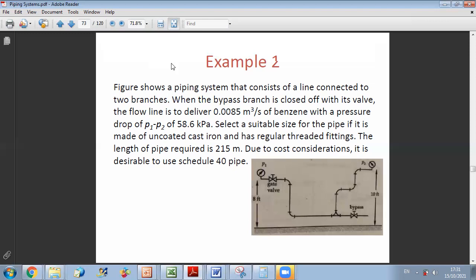Okay? So here first, we have the flow rate given, and we have the pressure drop. What is unknown here is the diameter D. So the value of D is unknown, okay?